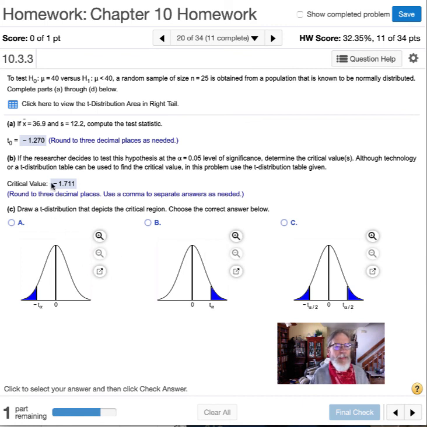Why are we talking about a negative value? Notice that the critical value is negative because it's the left tail. And also notice that our test statistic is over here somewhere, so we're in the correct tail. We're not doing something weird. So I'm going to say it's A.